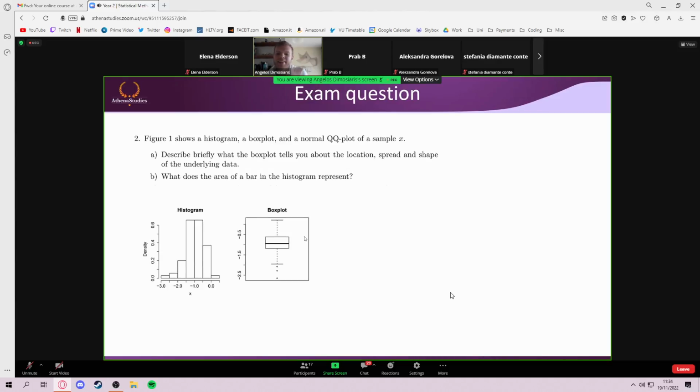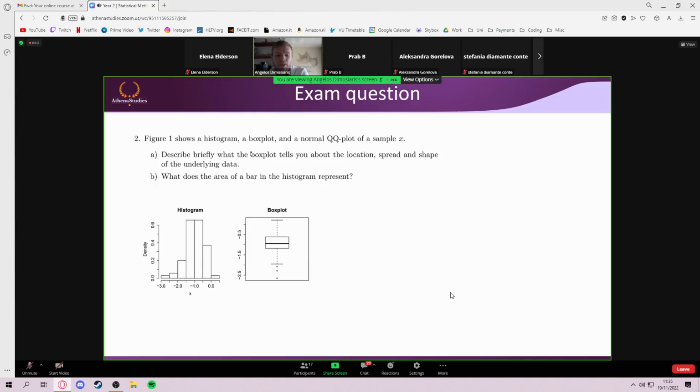All right, and this is the example that we were all waiting for. We have a histogram and a box plot. We don't have a normal Q-Q plot for this question, we don't care about that. Describe what the box plot tells you. This is the typical way of drawing a box plot, not as we saw in the previous slide. We did that just to explain it easily.